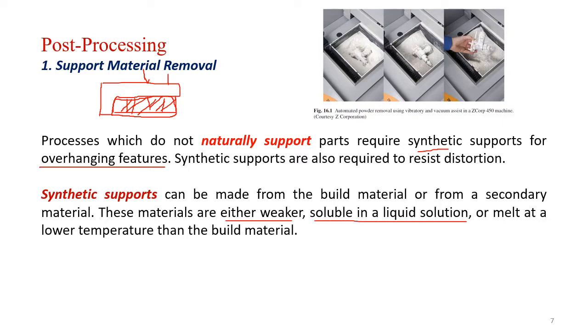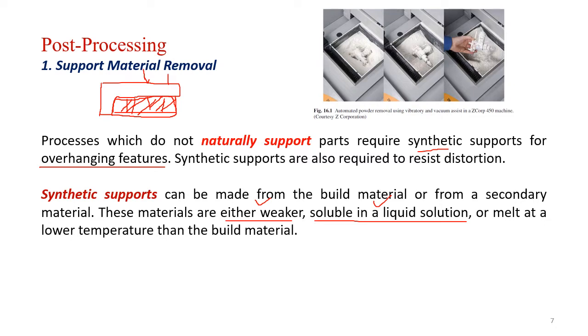Weaker in the sense that by using hand we can remove them easily. And soluble in liquid solution, like if you have some etchants which are going to etch away this material, then it will be very useful. And if some acid wash is possible, then also it is going to be helpful.